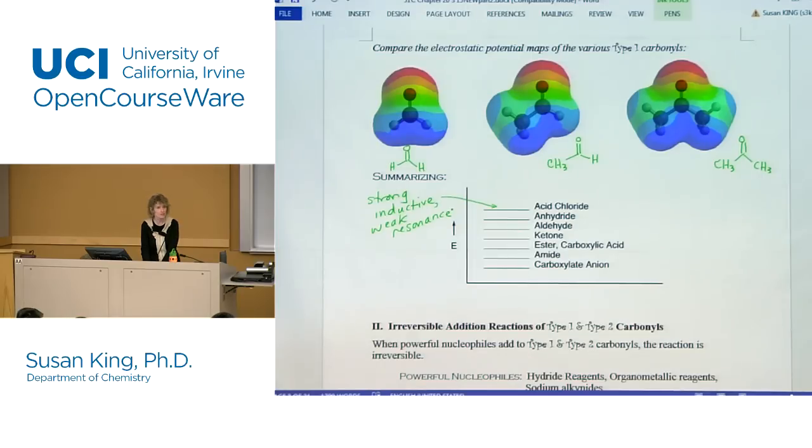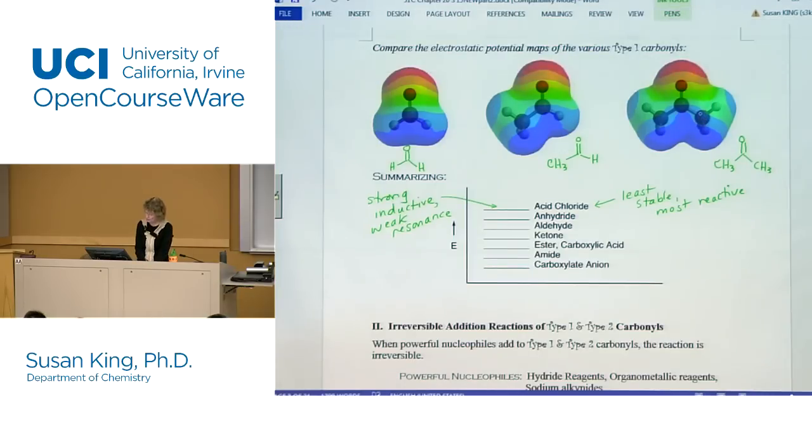So we're not getting very much stabilization from resonance. Because of that, acid chloride is the least stable, most reactive. So it's the most electrophilic of all the carbonyl compounds.